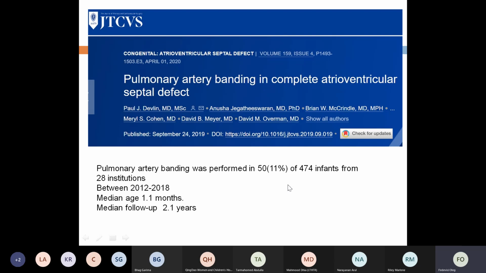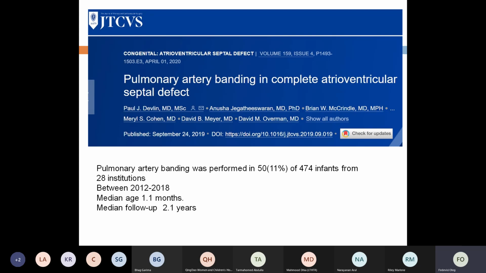So they analyzed almost 500 infants from 28 institutions between 2012 and 2018 who had AVSD, and 50 of them underwent PA band, so it's 11% of consecutive patients, with a median age of 1 month and median follow-up of 2.5 years.